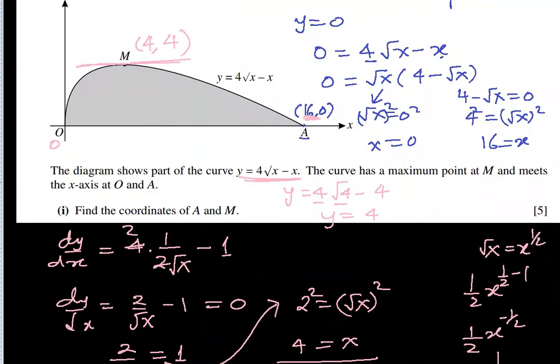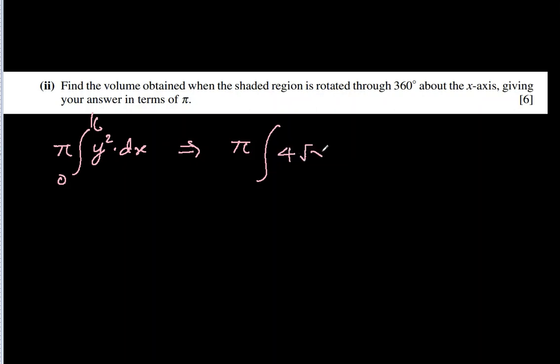The way we find the volume if it is rotated about the x-axis is this: pi integral of y squared with respect to x from 0 to 16. So this is how we find the volume, and let's substitute the value of y. y is 4 square root x minus x, squared, dx. So in place of y, we put its value, and now we'll integrate this.